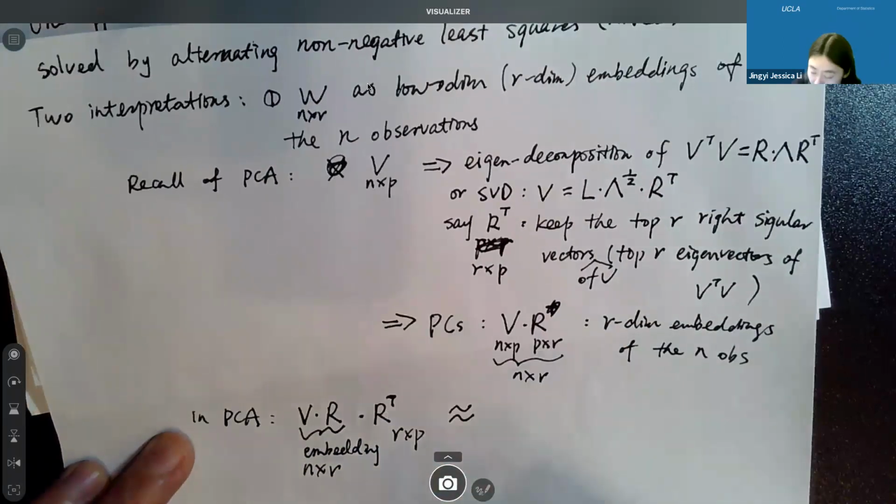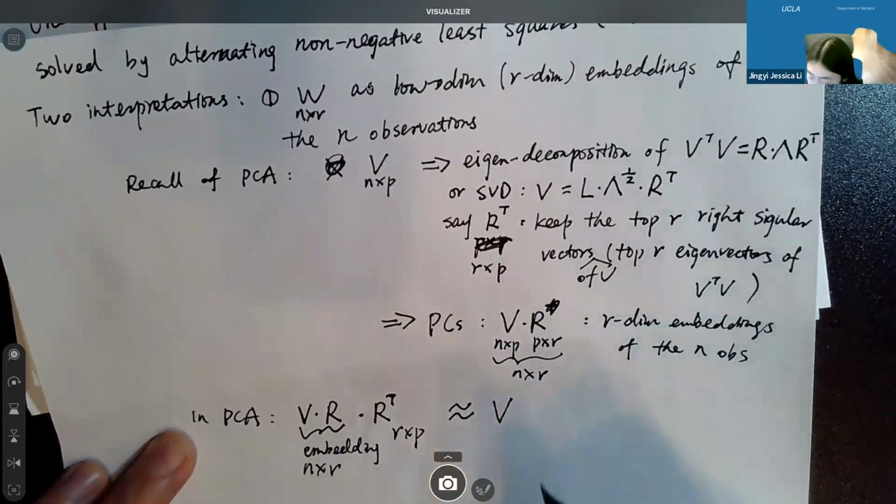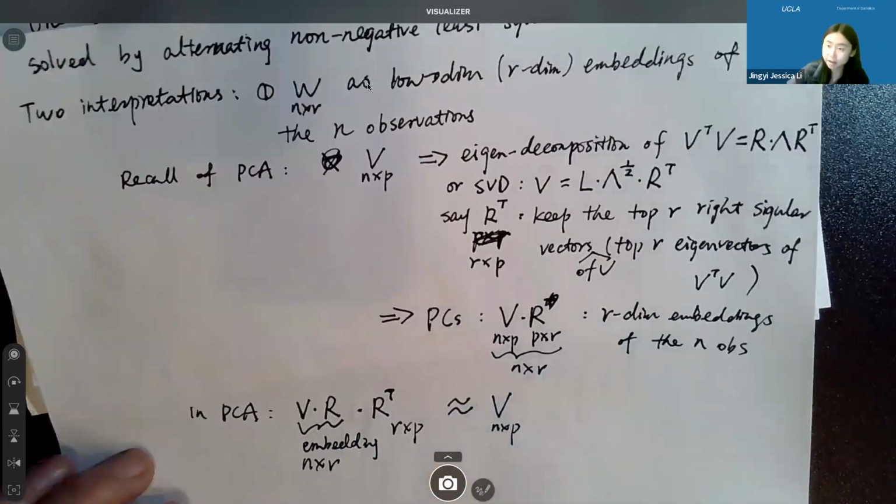So this will be approximately equal to V. V is N by P, but I lose something.